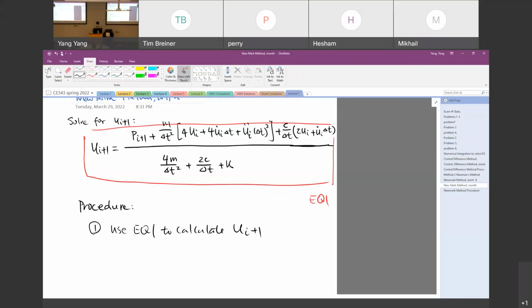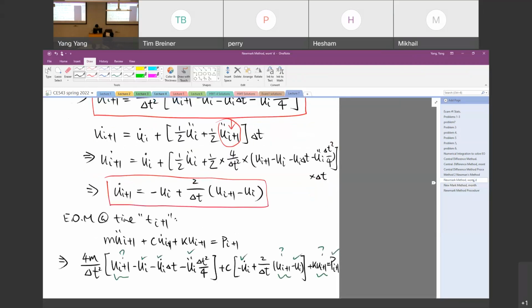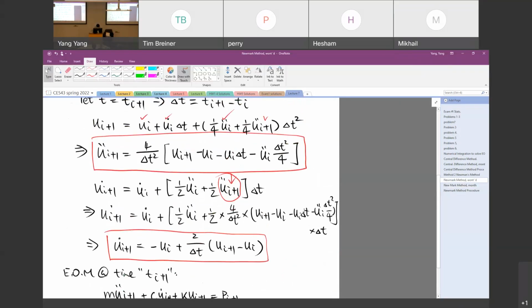If we have a number for displacement at time one, we should use the earlier equations. So this is called equation 2. Now this number is known to us, so that the velocity can be calculated using displacement. And then the acceleration, the equation 3.